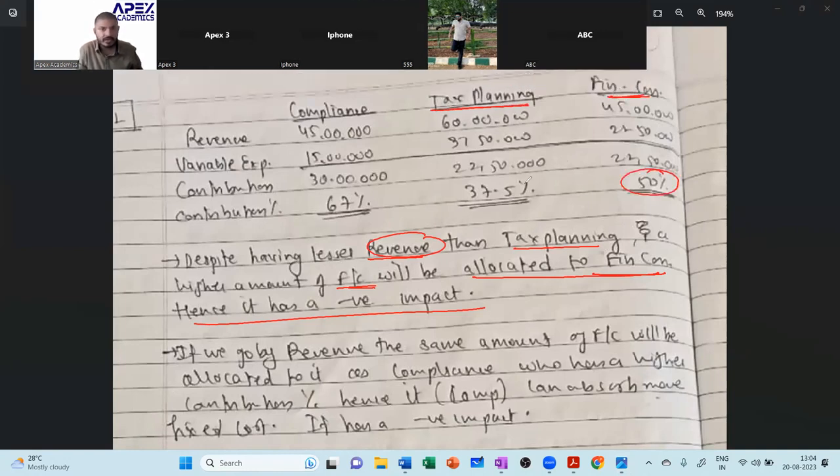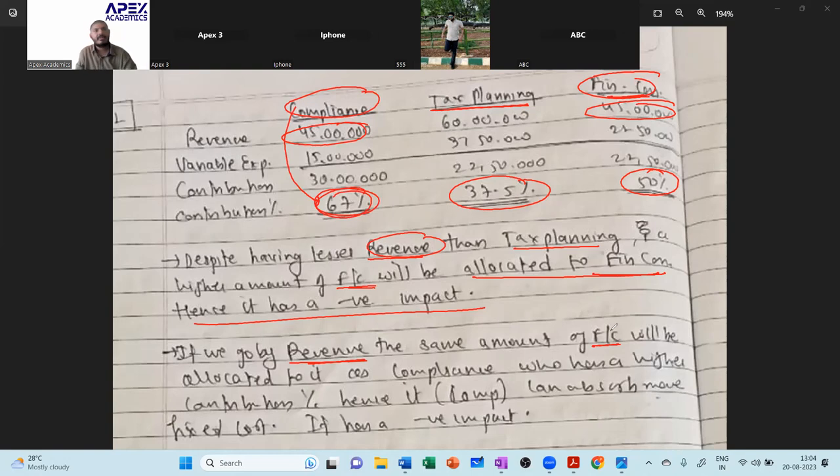Because the contribution is higher if you go for option A, contribution. If you go by revenue, the same amount of fixed cost will be allocated to financial consulting as compliance. Why? Because they have the same amount of revenue. But you need to understand that compliance is more profitable because it has a higher PV ratio.